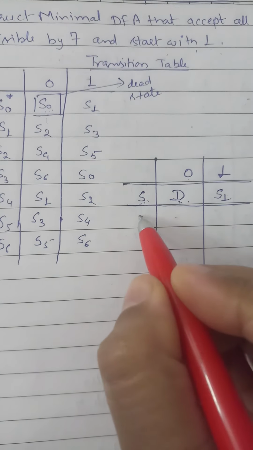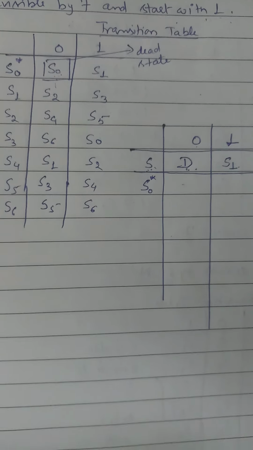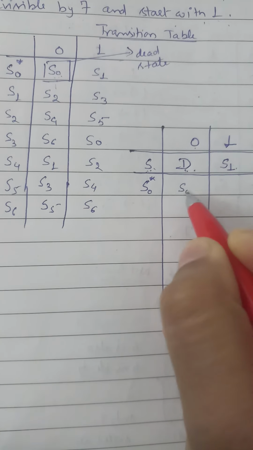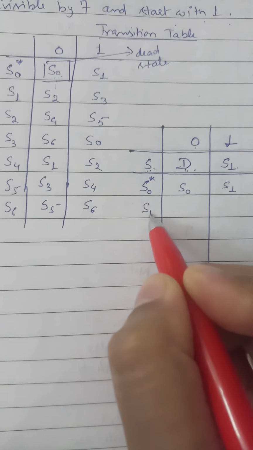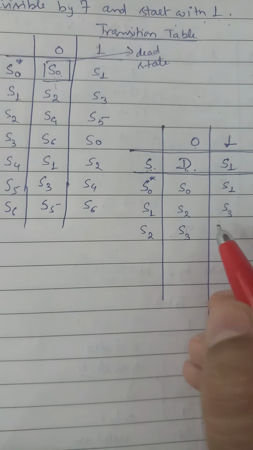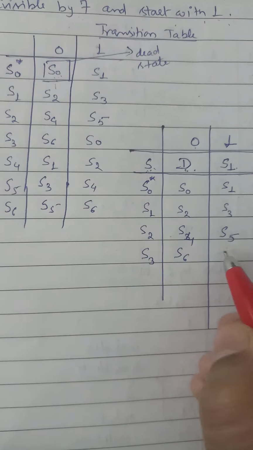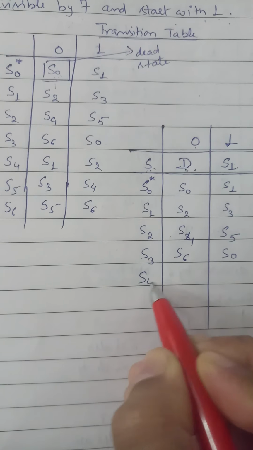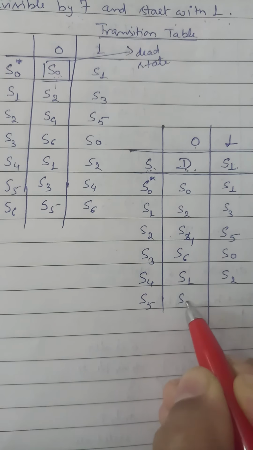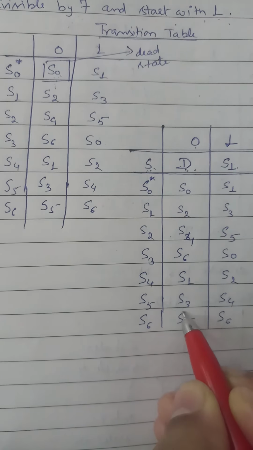We start like this, then in the similar way as we did earlier in that table, we start with S0 and make a star because this is the initial state: S0 goes to S0 and S1; S1 to S2 and S3; S2 to S4 and S5; S3 to S6 and S0; S4 to S1 and S2; S5 to S3 and S4; S6 to S5 and S6.